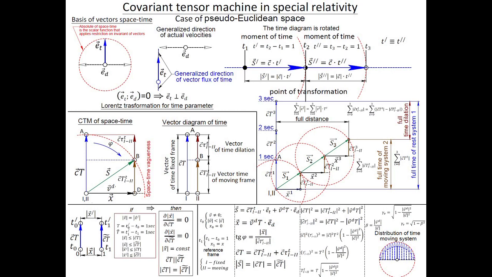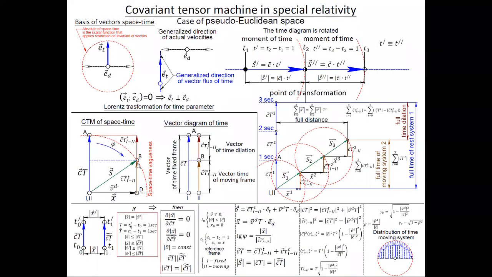Its actual velocity is 0. The second is a moving system that has the actual velocity vector vd upper index.